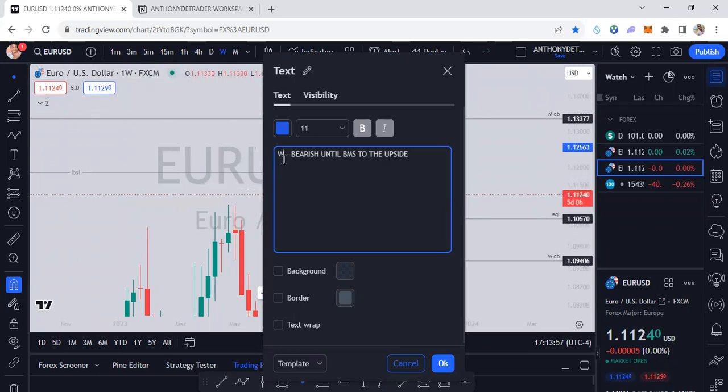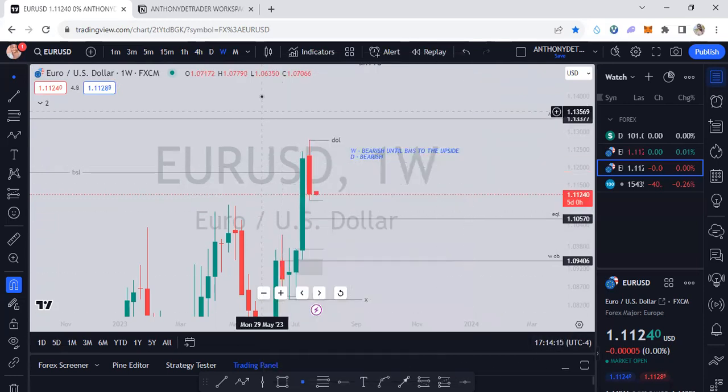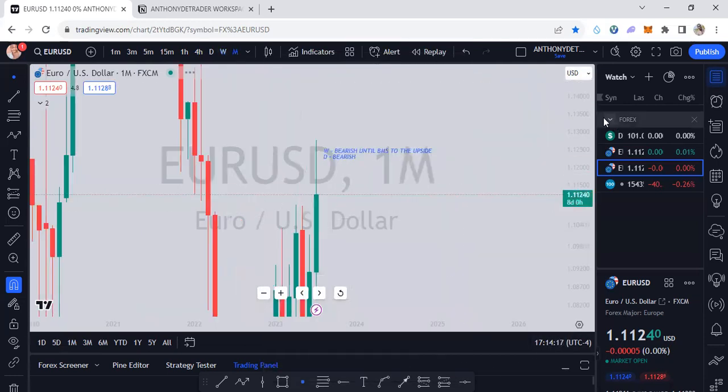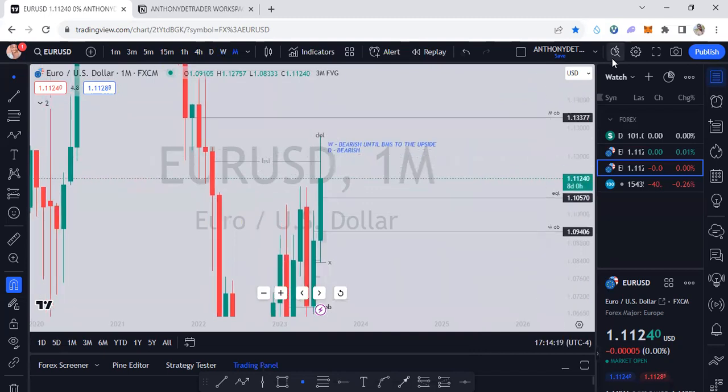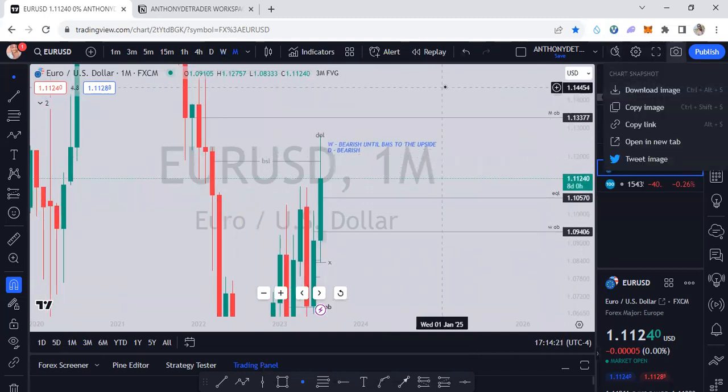Daily time frame. Bearish too. That is for EURUSD. Okay, so let's just take a snapshot. Let's go to the monthly time frame. Let's start from there. So first, I take my monthly time frame snapshot.